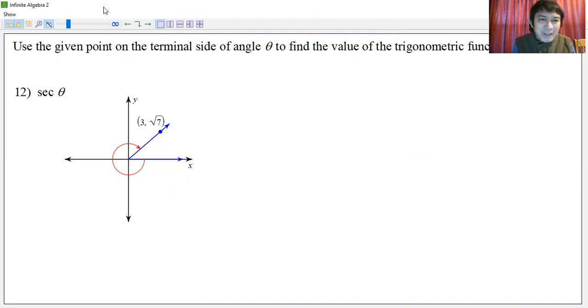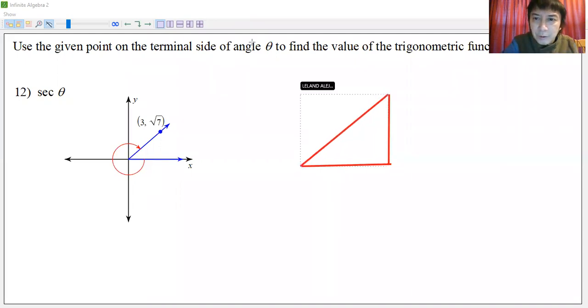So we shall determine our reference triangle from the reference angle. This is the reference angle, so this must be our reference triangle. Let's just fix that a little bit. There, this will now be our reference triangle.